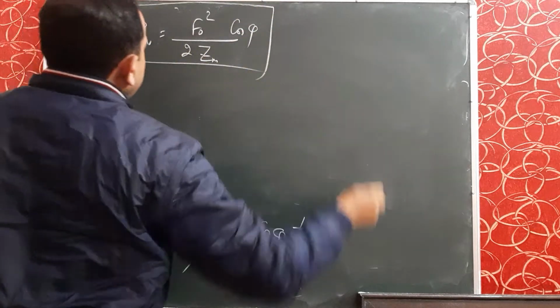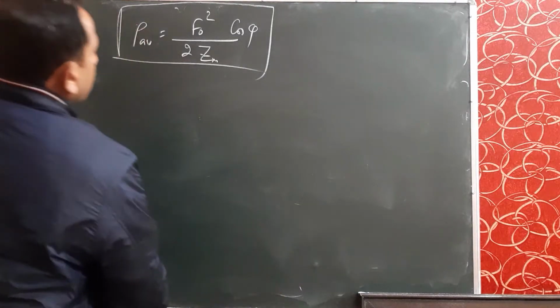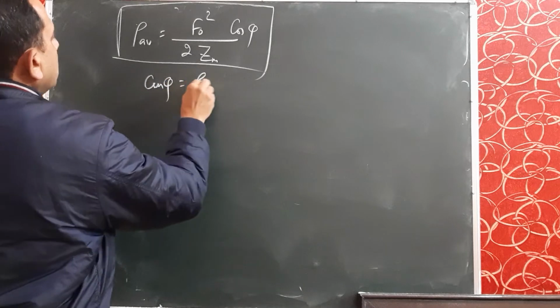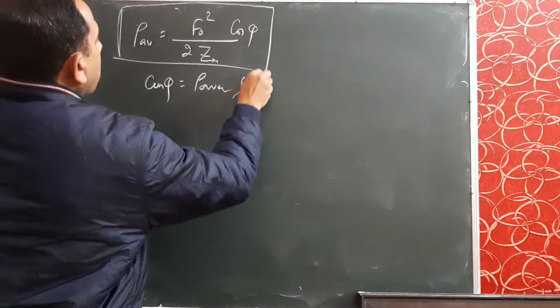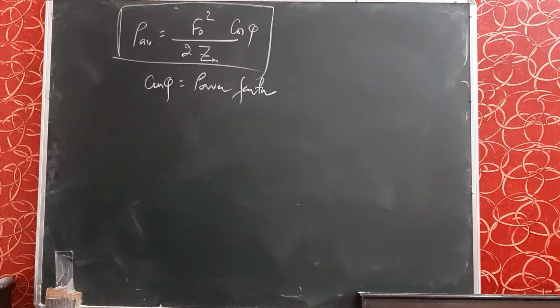So this is the formula for average power of forced oscillator, where this cos phi is called power factor. I think you have already studied this power factor in the lower classes, power factor cos phi.